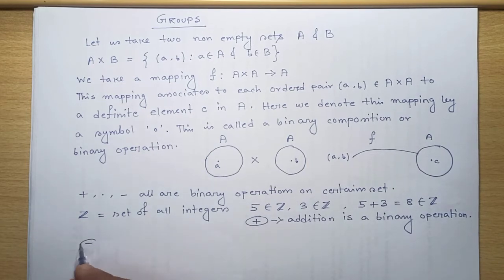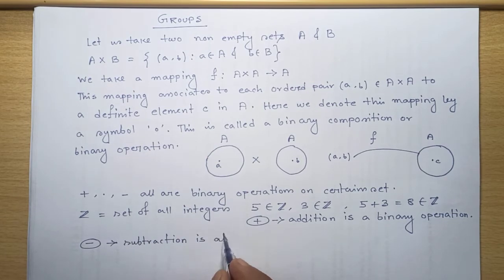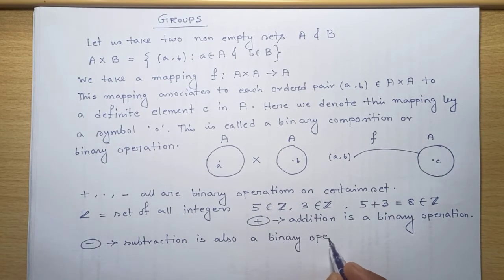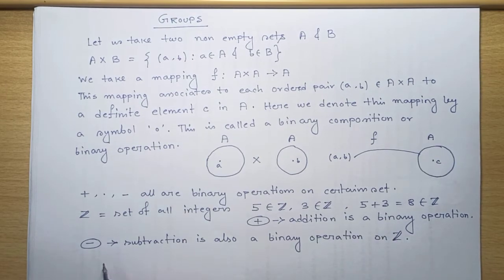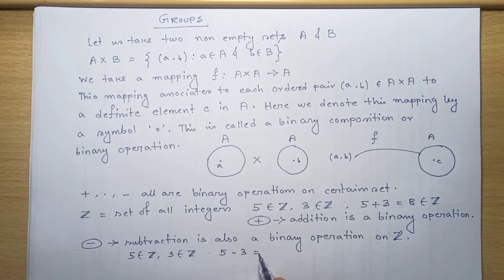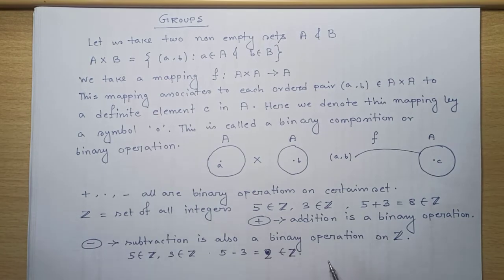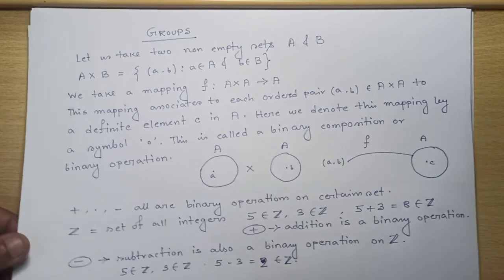Likewise, the operation minus, that is subtraction, is also a binary operation on Z. It will be very clear from this example: 5 belongs to Z, 3 belongs to Z, and 5 minus 3, that is 2, belongs to Z. So I hope the definition of binary operation is very clear.